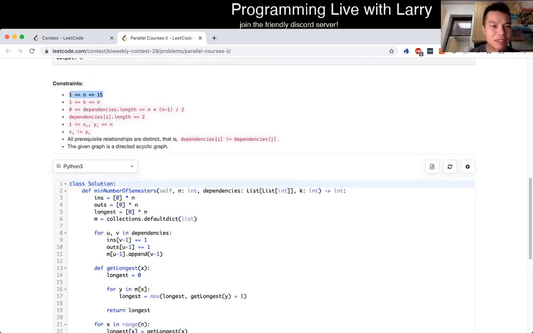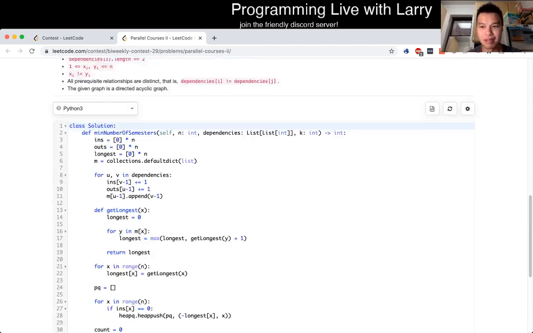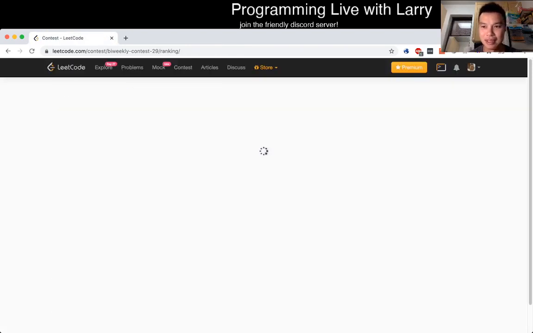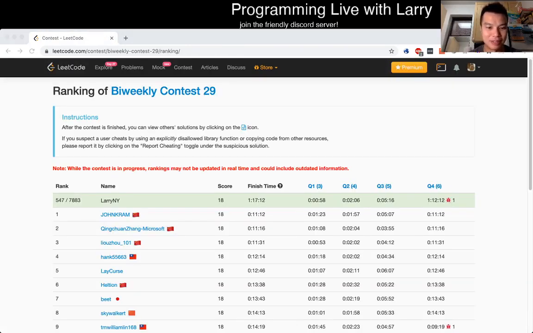I give props to the problem setter, because if this was 1,000, then it would have been greedy for obvious reasons because it couldn't be anything else. Maybe sorting, but well played.